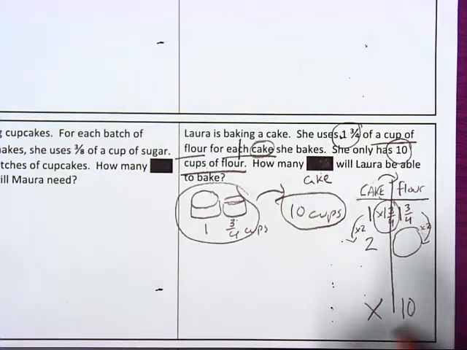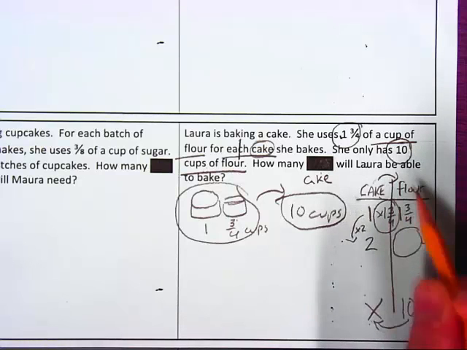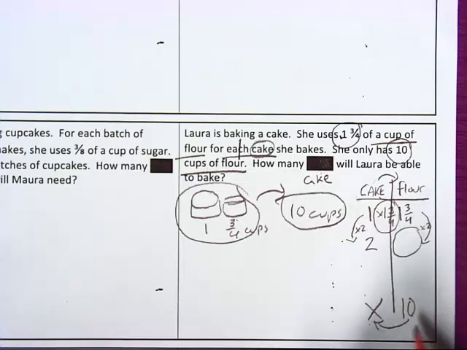If I came down here and I tried to move from this number to 10, so x times 1 3/4 should make 10, I can't do that because I don't know what x is. So instead, I'm going to start with what I know. I start with the 10, and I'm going to work backwards, right? So instead of multiplying by 1 3/4, I'm going to start with my 10, so I'm going to actually divide, which is the inverse of multiplying, by 1 3/4.